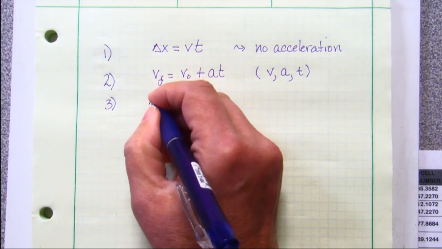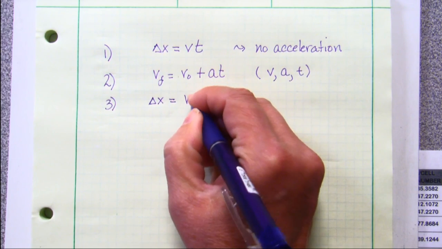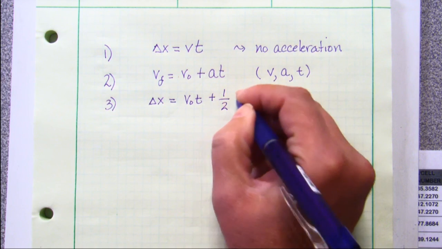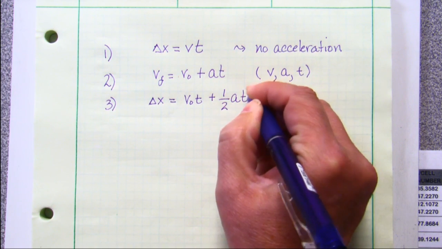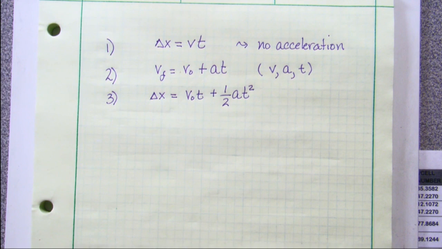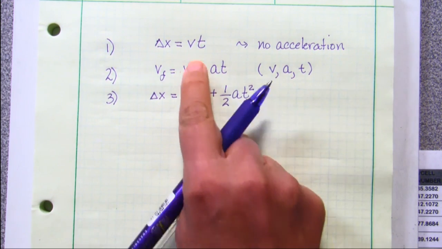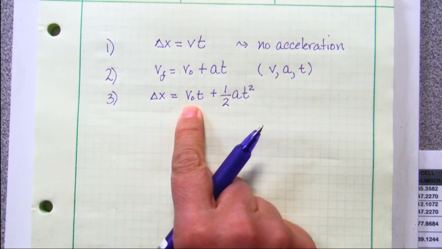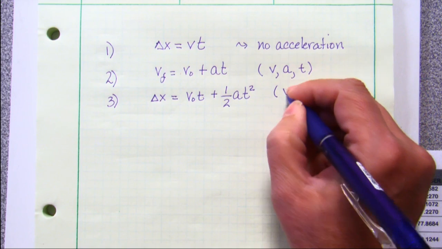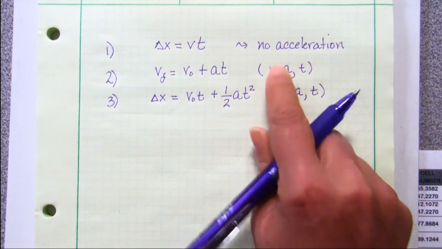But I can do a change in position is equal to my initial velocity times time plus 1/2 acceleration times time squared. Now, we're usually given this initial velocity. That's not something we're usually solving for, so this is kind of like a known. So this equation gives me position, acceleration, and time, and has no velocity.